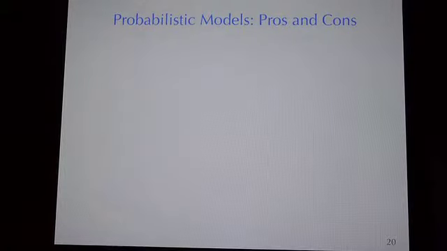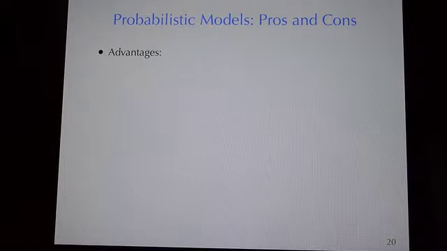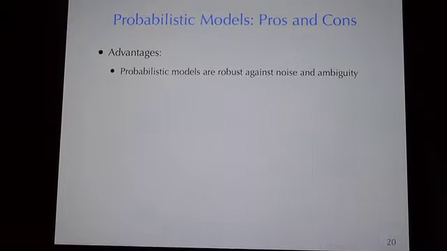So let me summarize the probabilistic approach to modeling cognition. There are certain advantages with this framework. First of all, probabilistic models are designed to handle noise and ambiguity. That's their strong point. So they are usually very robust in cases where the data is noisy or there's a lot of ambiguity to deal with.